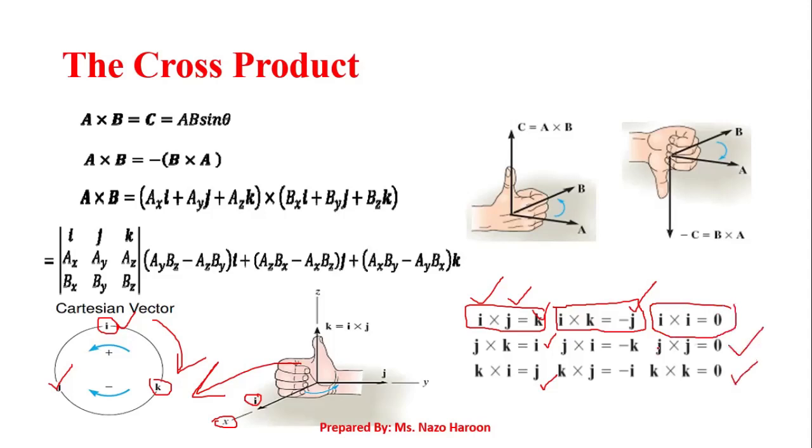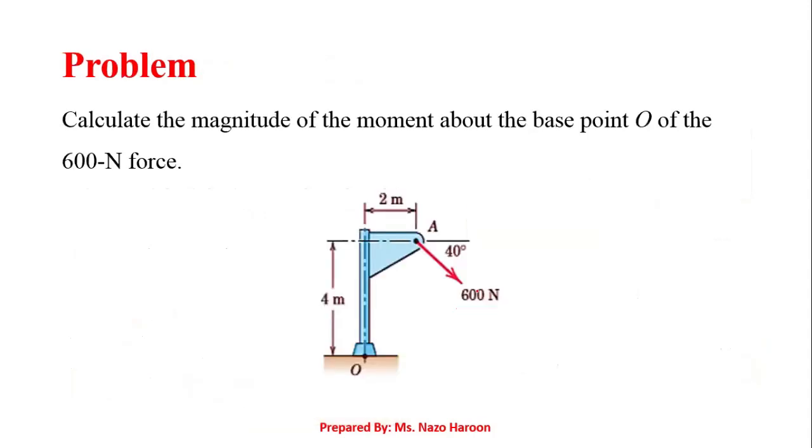So in case of cross product, the cross product between any of the same axes, or any of the parallel axes, will always give you 0. So it's a must-have condition that they both should be different, for example i cross j or j cross i, or k cross i or j cross k, or something like this. This is something you need to be very careful about while solving numerical problems.